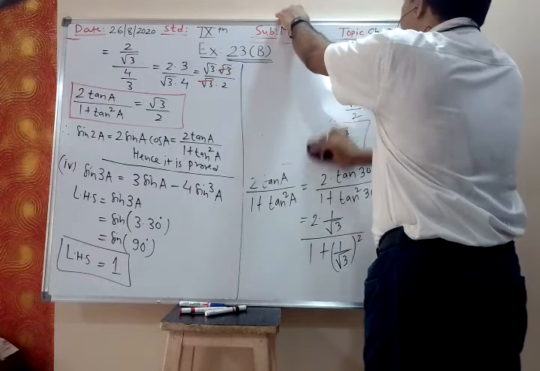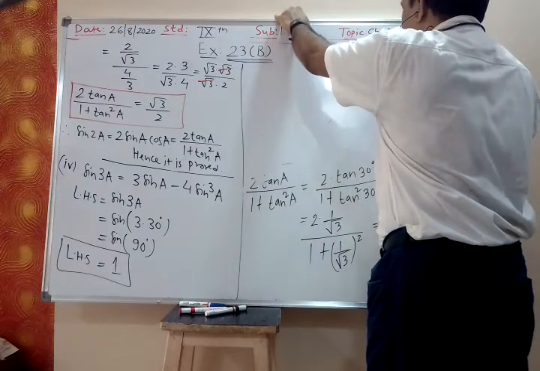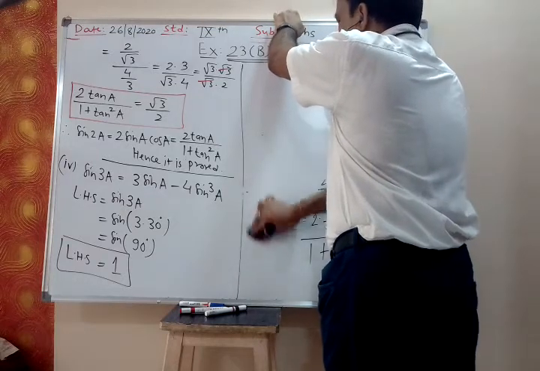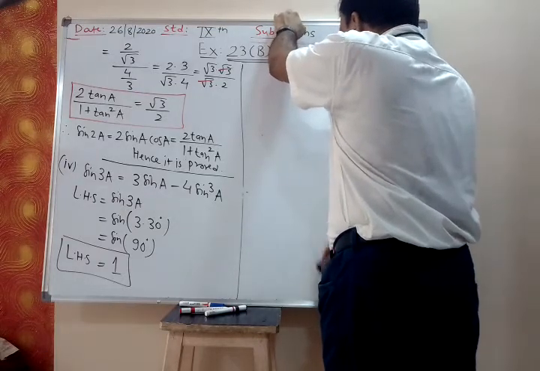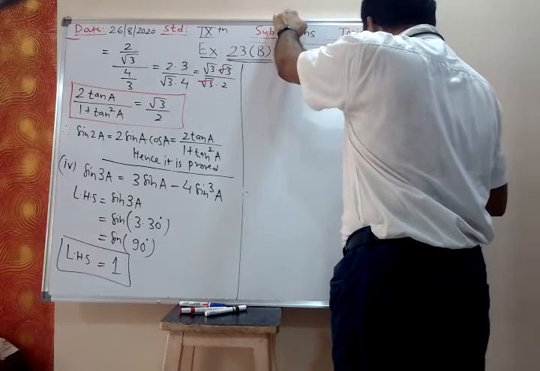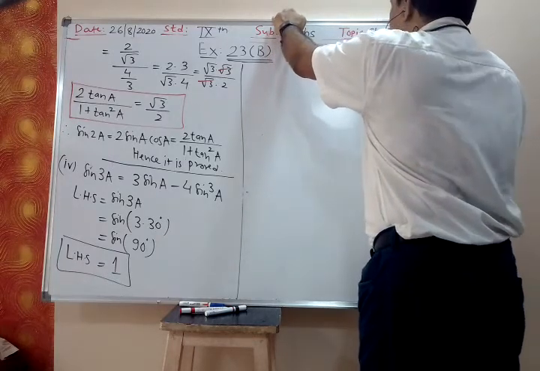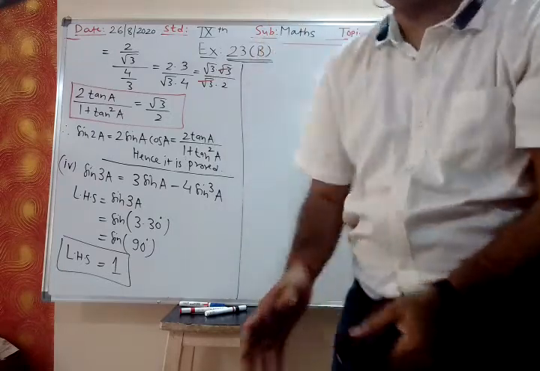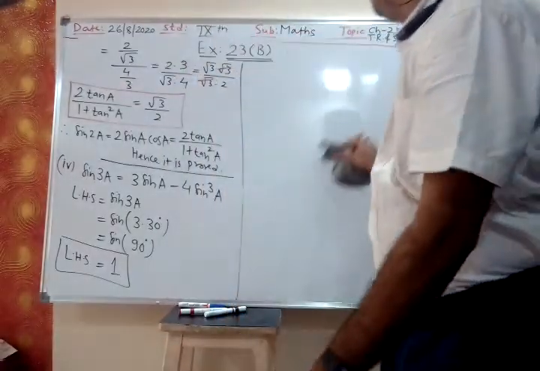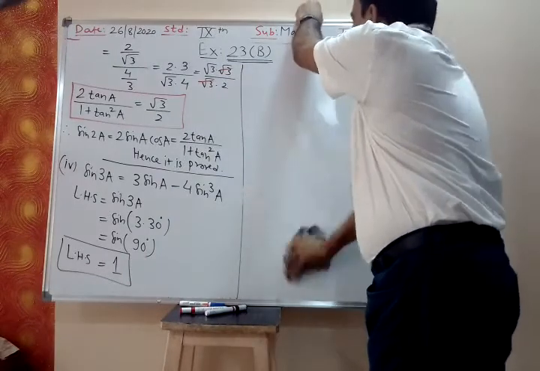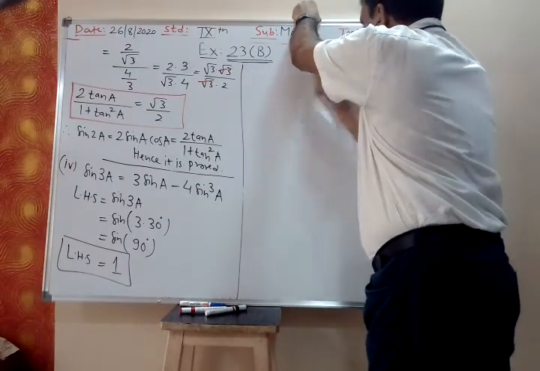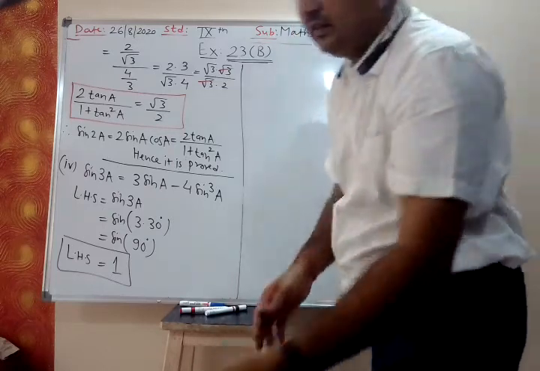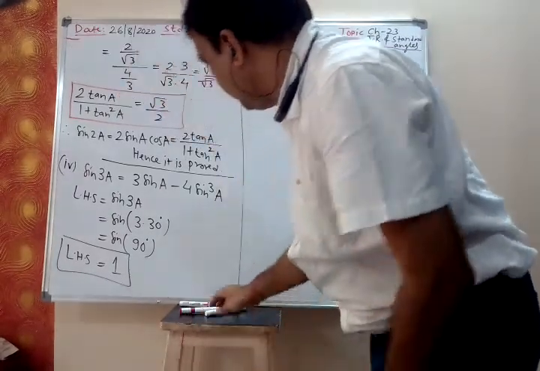See, my dear, the answer will come the same, but whenever you want to prove that A is equal to B is equal to C, you find the value of A, the value of B, and the value of C separately. And if all three have the same values, then only can you write A is equal to B is equal to C. We don't evaluate second and third in one line. I am doing second, fourth.